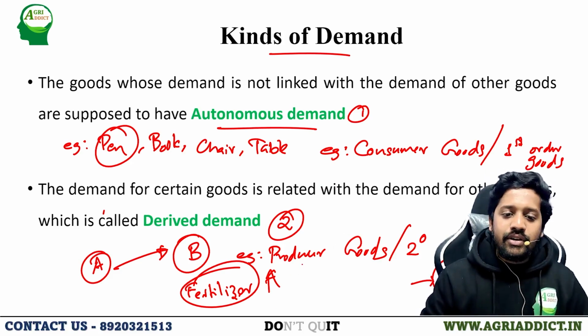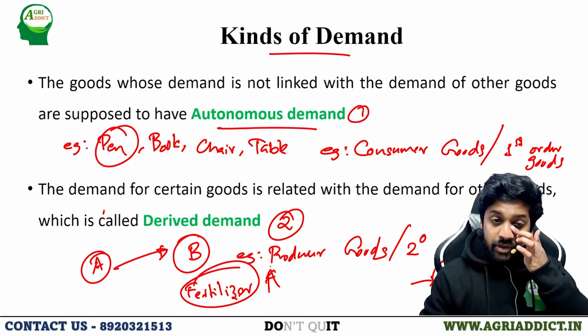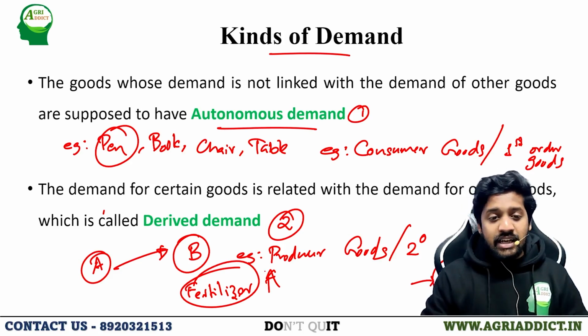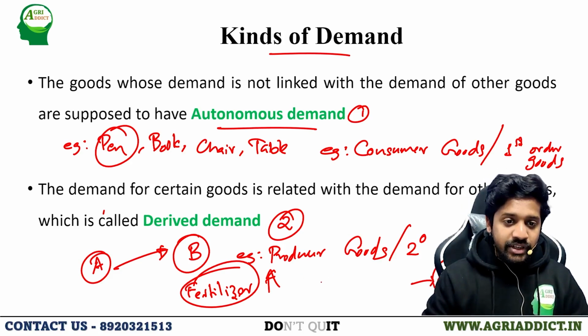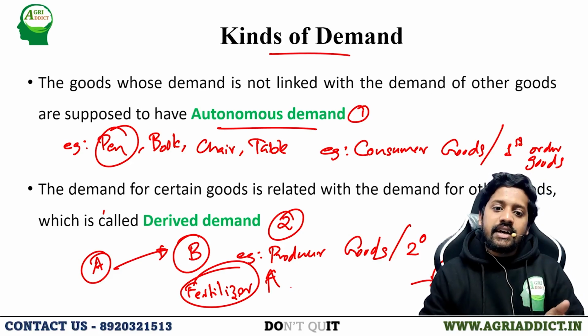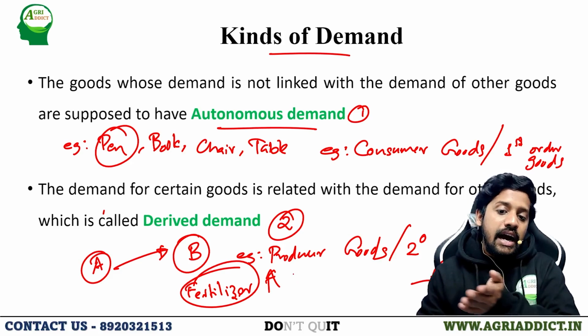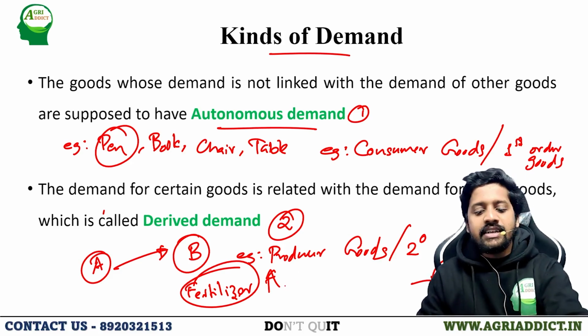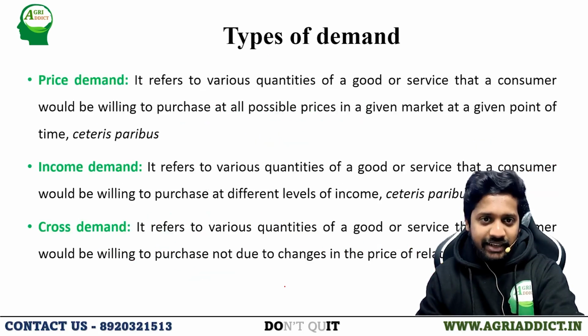So for producer goods the demand is derived demand. For consumer goods the demand is autonomous because the demand is not linked with any other objects, but in the case of producer goods the demand is derived because it is depending on the demand for other goods. I hope the concept is clear.